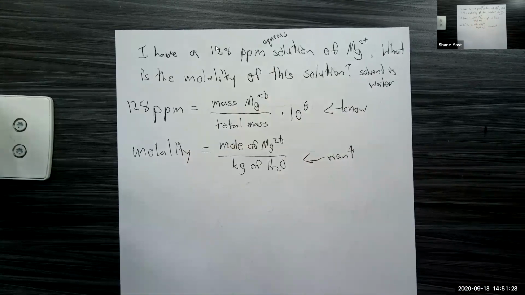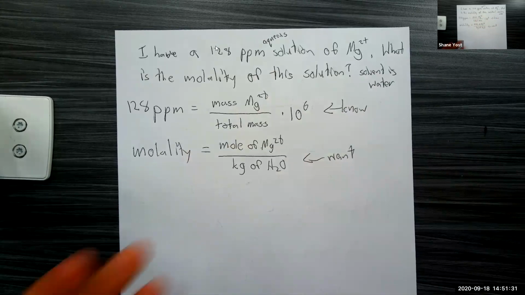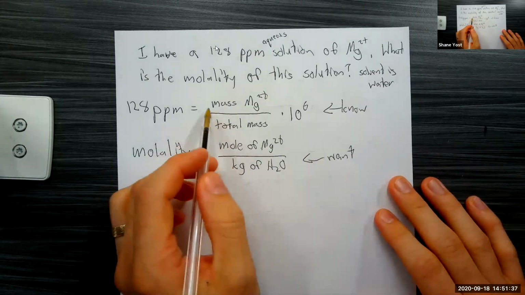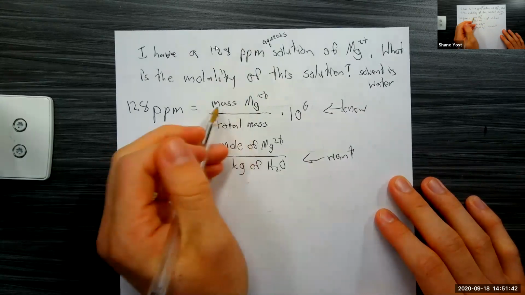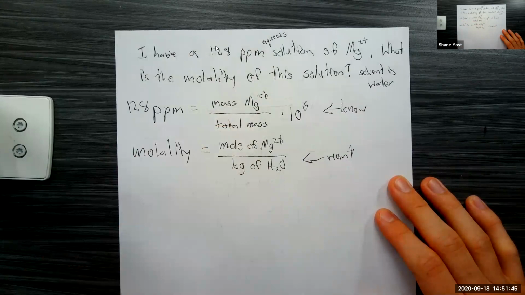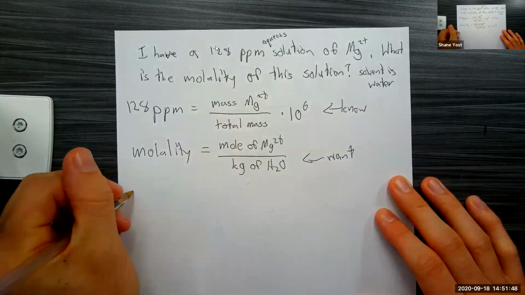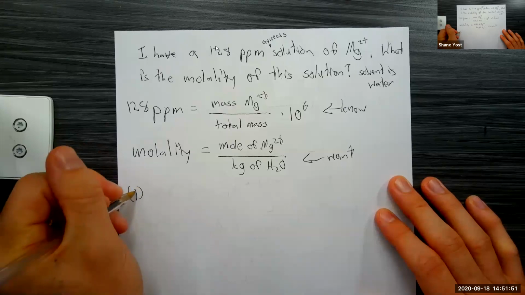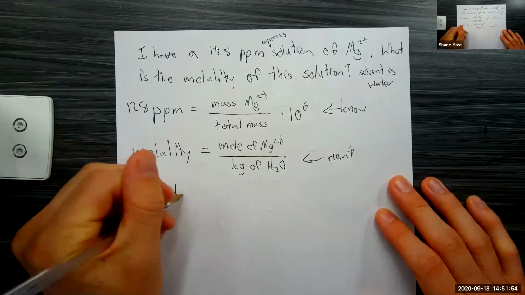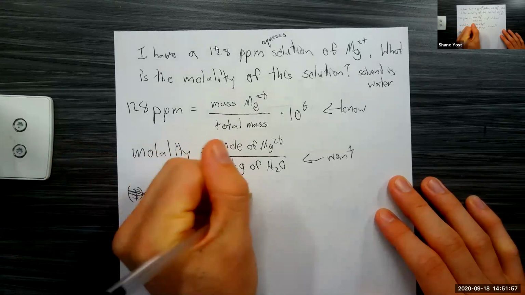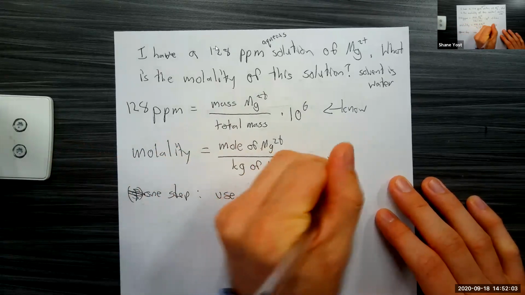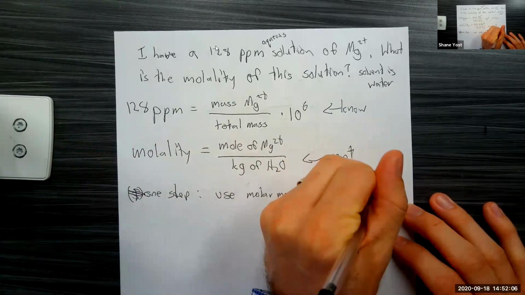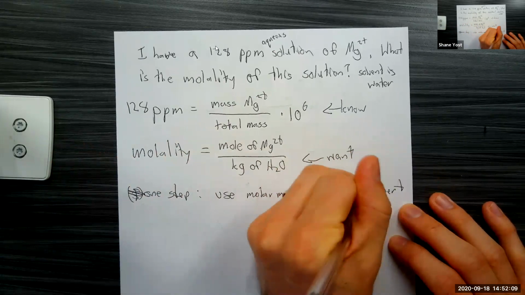That's what I know and what I want. Then the question is, how do I get from what I know to what I want? I start looking at the numerators and denominators. I have the mass of magnesium and I want the moles of magnesium. So one step, not necessarily in order, will be to use the molar mass of Mg2+ to convert grams to moles.